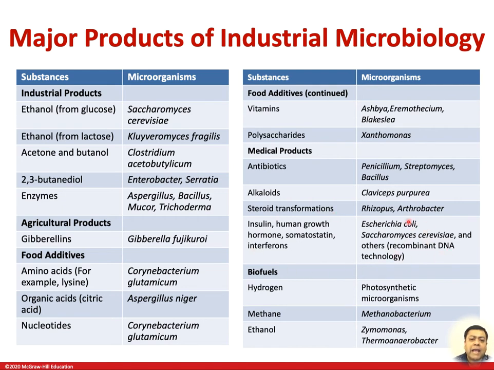Here you take a particular organism, which is E. coli or Saccharomyces cerevisiae, which is the yeast, and then you clone the gene of your interest, which will produce a protein, which could be insulin, human growth hormone, somatostatin, interferons, even viral vaccine components. You clone those genes in a plasmid and you introduce that plasmid into E. coli or the Saccharomyces yeast.